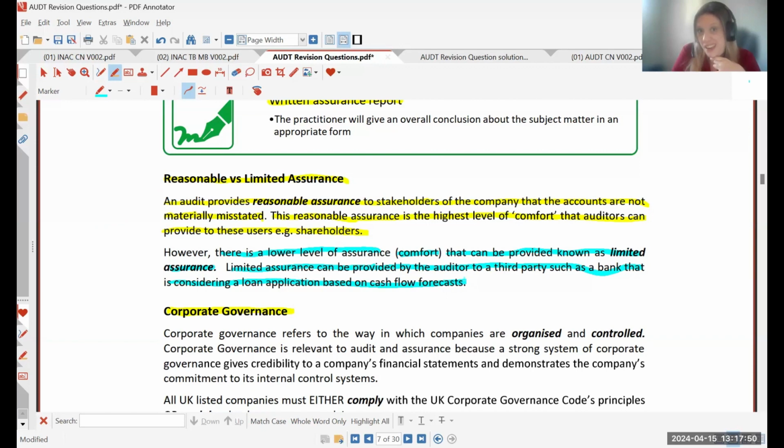Okay, so what we're saying here is the auditor can say to the bank, well, we've looked at these financial statements, and what we can say is the auditor has not found anything that they need to bring to the attention of the bank based on the cash flow forecasts. That's what they're saying here. So it's seen as a negative expression because we're saying there is nothing to bring to the attention. So that's a negative expression.